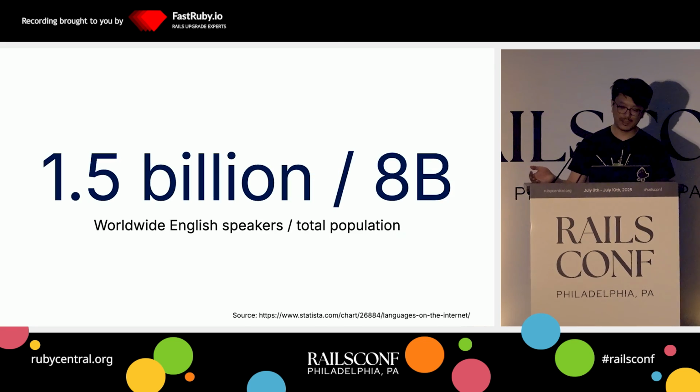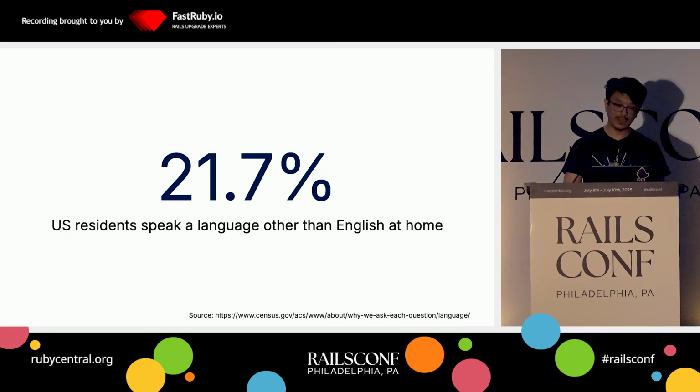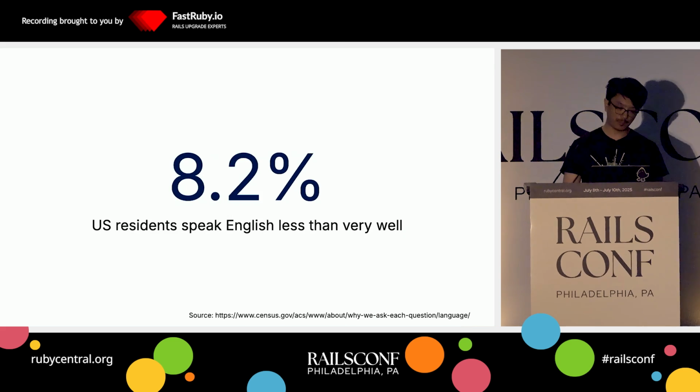Worldwide, there are about 1.5 billion English speakers, but the total world population is actually closer to 8 billion. That means there's 6.5 billion people out there for whom English is not their first language. And even in the US, according to the US Census, 21.7% of residents speak a language other than English at home, and 8.2% of US residents say they speak English less than very well.